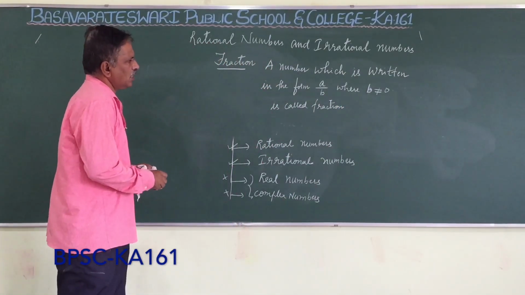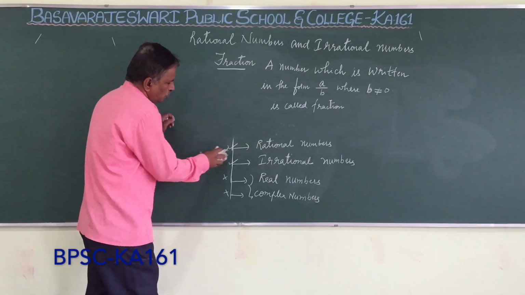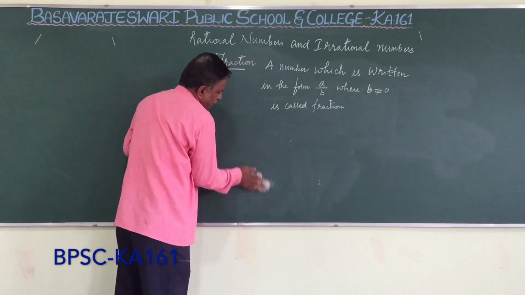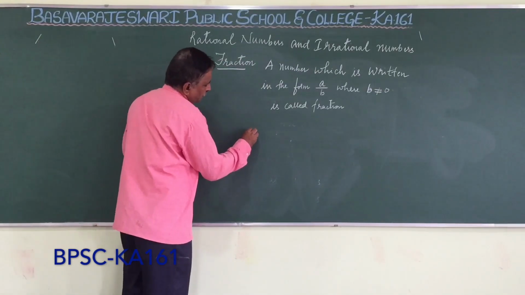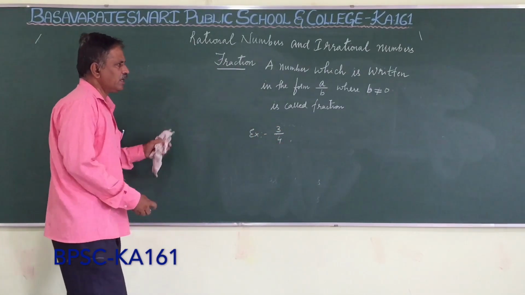So what is a fraction? A number which is written in the form of A by B, where B is not equal to 0 is called a fraction. For example, 3 by 4. It is a fraction.